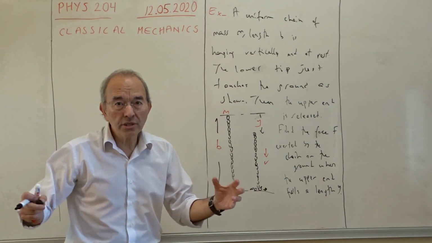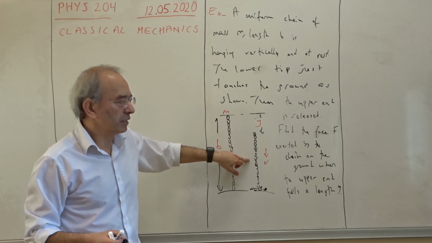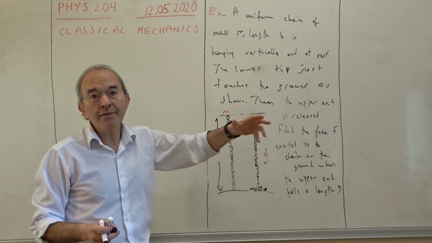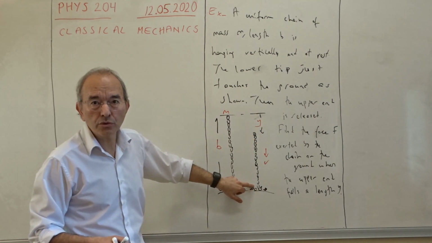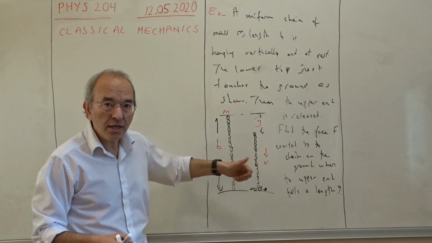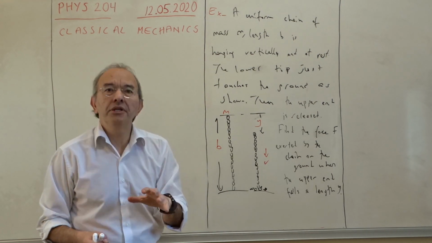And since the chain is not extensible, all the buckles, all the small pieces, rings, are moving with the same velocity v. Even the lowest one is hitting the ground with velocity v, but comes to rest almost immediately.